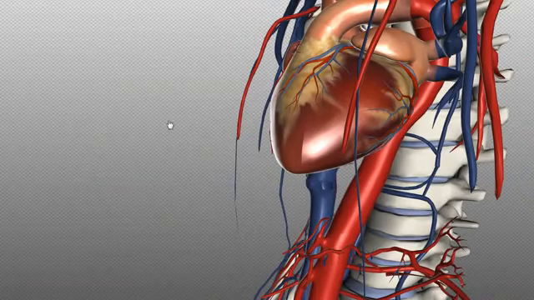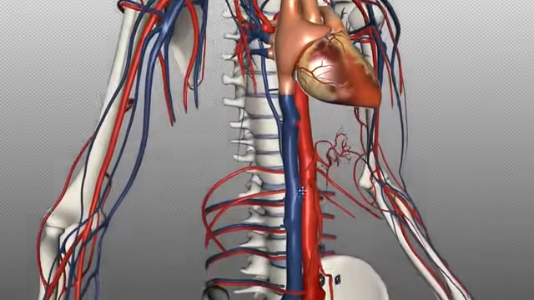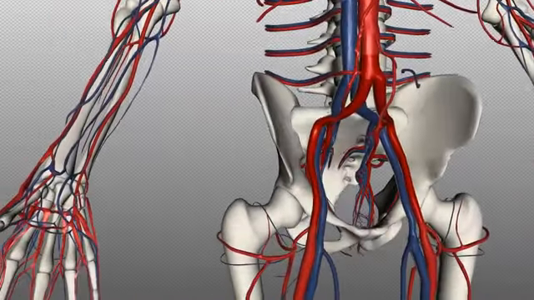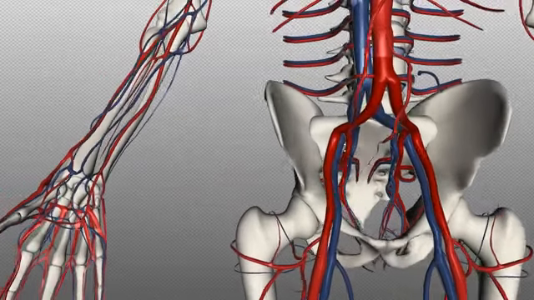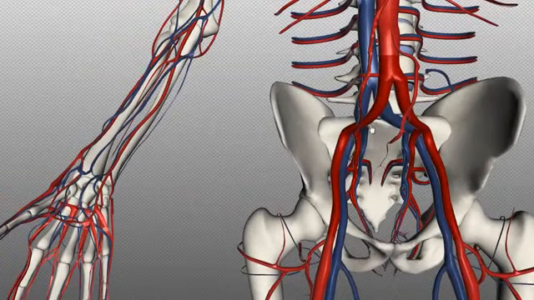So just moving back to where we were, I've got the common iliac veins, which are formed from the external and internal iliac veins merging.